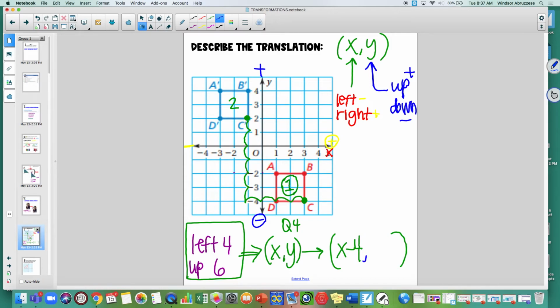And then what did we do to the y? We went up 6. And up is in the positive direction. So this is how we would write the rule for the translation. Left is negative and up is positive. And that is how to describe the translation.